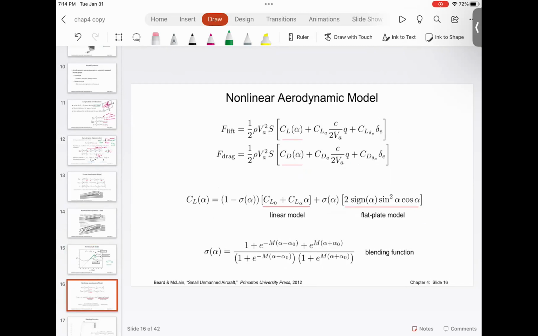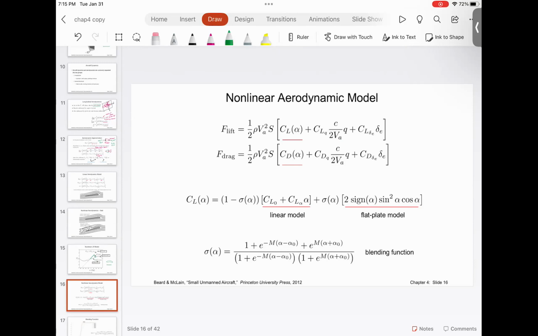Now, if you study exotic aircraft, typically the aircraft that fly at a high Mach number, or that are bigger, they always use a linear and nonlinear model. And you have a blending function that blends the linear model and the nonlinear model.